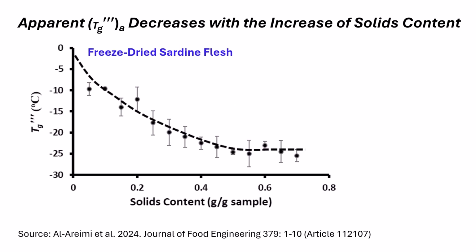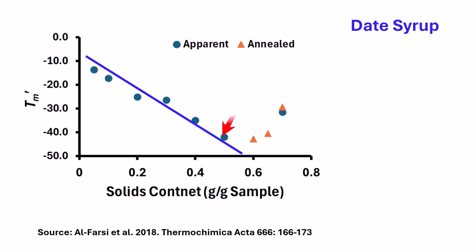A similar trend is also observed in the case of apparent maximal freeze concentration glass transition, that is Tg triple prime A. It remains nearly constant after solids content 0.5 gram per gram sample. In the case of date syrup, unreliable DSC data was observed after solids content 0.5 gram per gram sample.